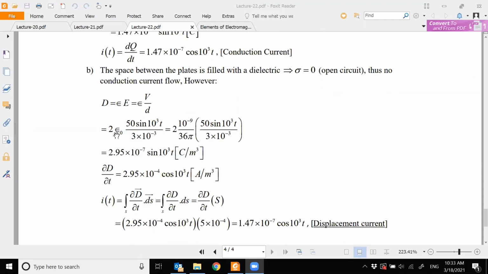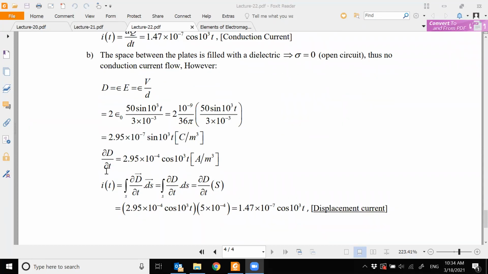So here it is 2 epsilon times V, which is 50 sin(10^3 t) over D. If you simplify it, this is your electric flux density magnitude. Find the derivative of this, and this is the answer. Now you need to find the current, because this is the current density. This is the displacement current density.